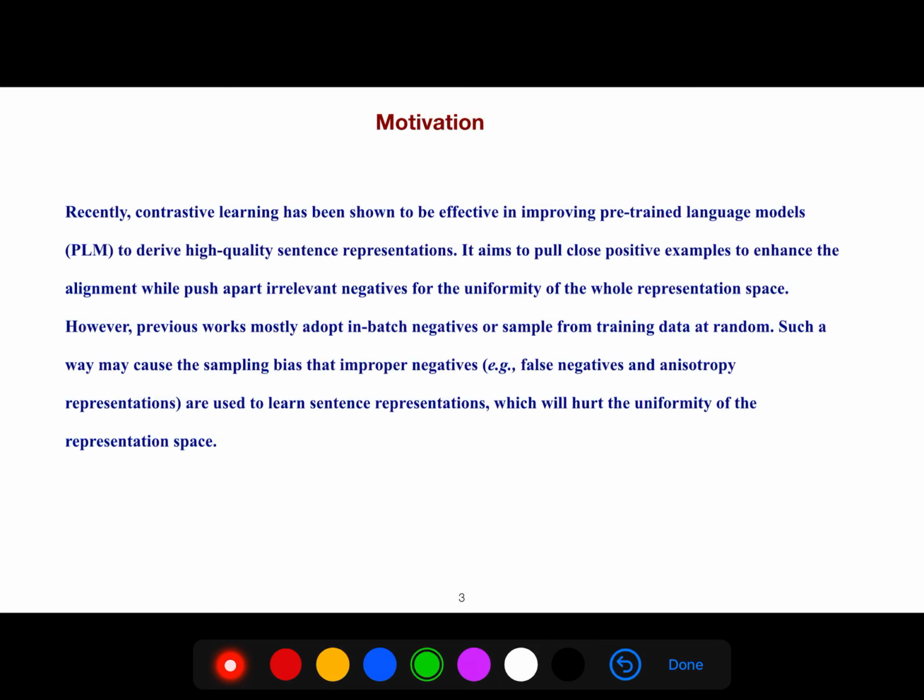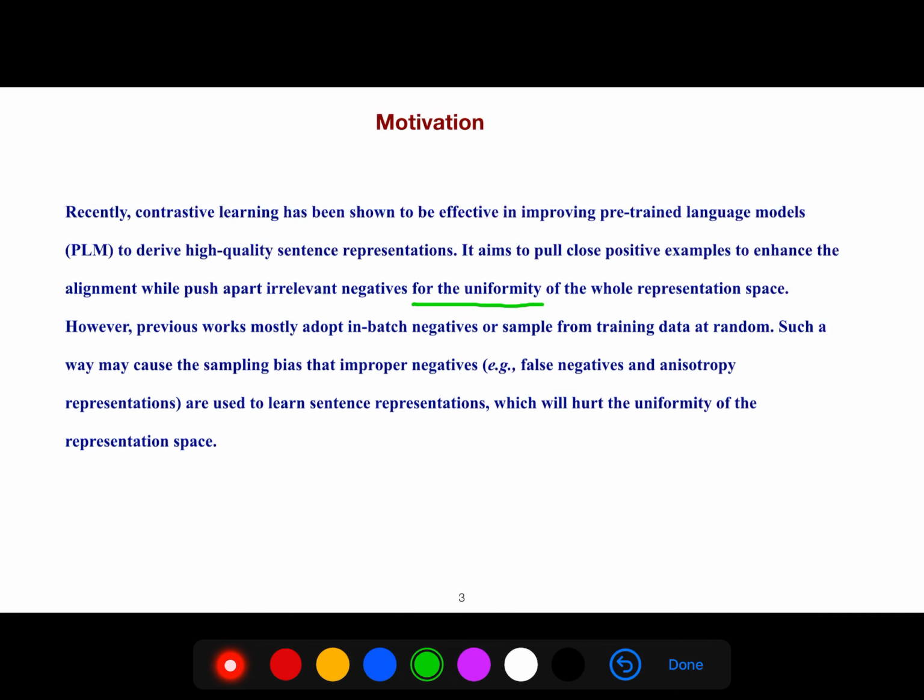It aims to pull close positive examples to enhance the alignment while pushing apart irrelevant negatives for the uniformity of the whole representation space. However, previous works mostly adopt batch negatives or sample from training data at random.